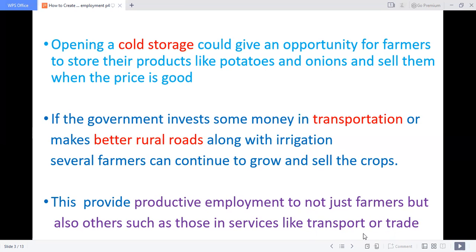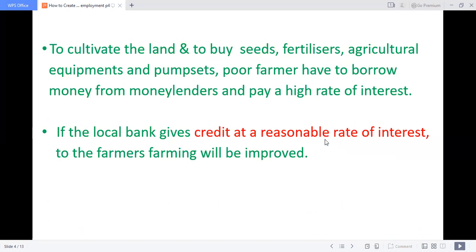Okay, so constructing new dams, cold storage, and transportation in rural areas. Along with whatever facilities are provided, the farmers are struggling with a high rate of interest to purchase seeds, fertilizers, and agriculture equipment. Poor farmers were in a position to borrow money from the moneylenders who charge a high rate of interest.